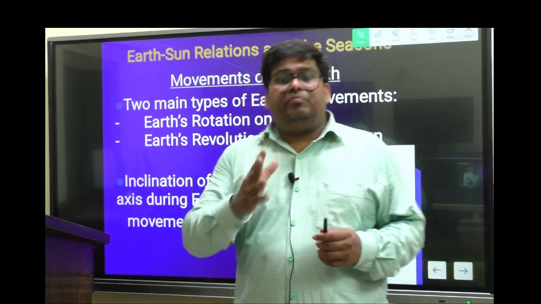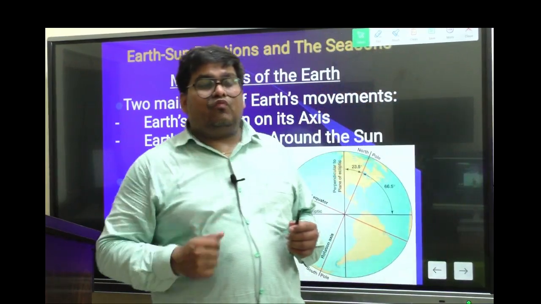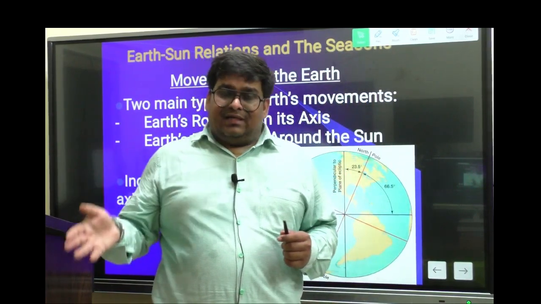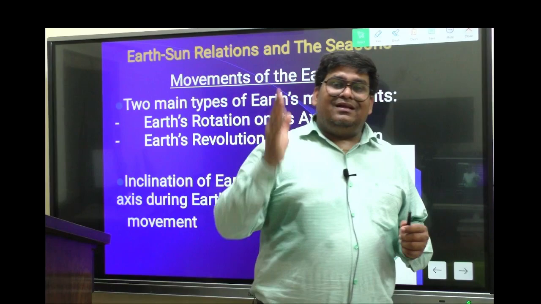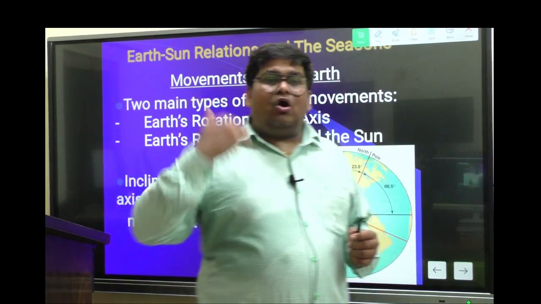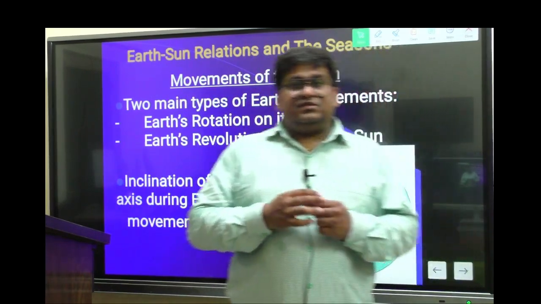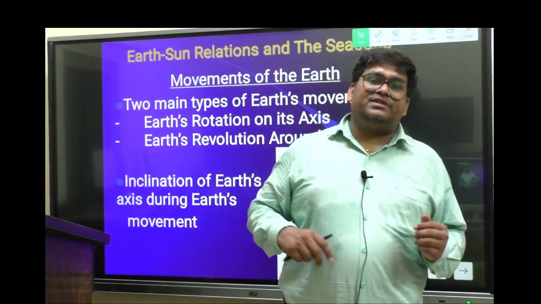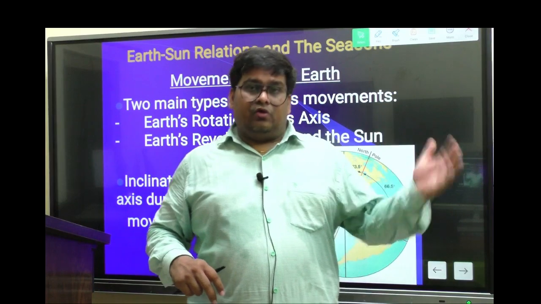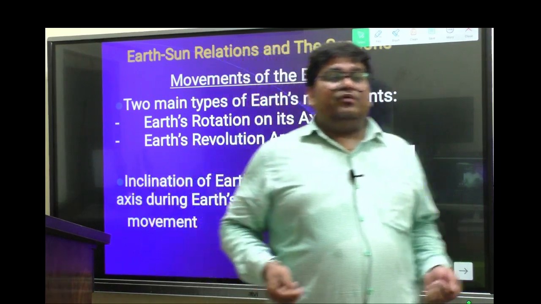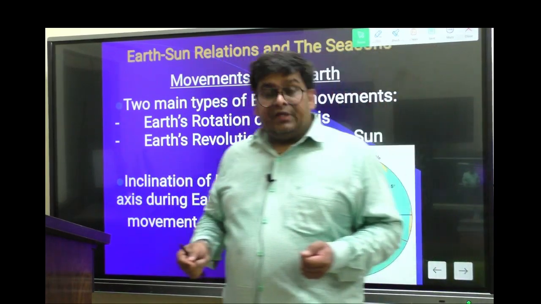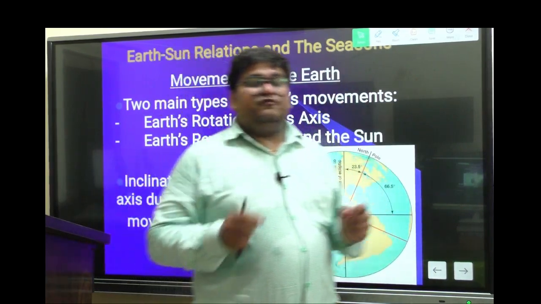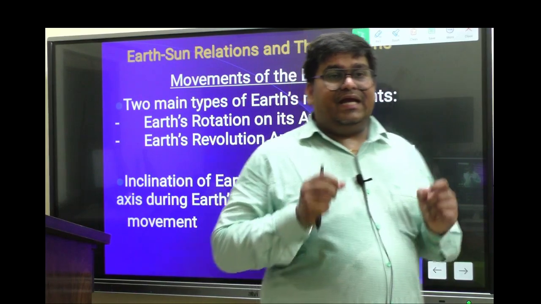Had the Earth stopped rotating, you can assume what would have happened. The side towards the Sun would have total light and become hotter and hotter. The surface opposite to the side facing the Sun would become colder and colder. So it would become an uninhabitable place. So rotation is a very important aspect of the phenomenon called day and night.